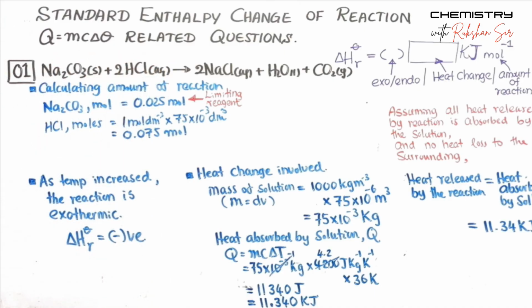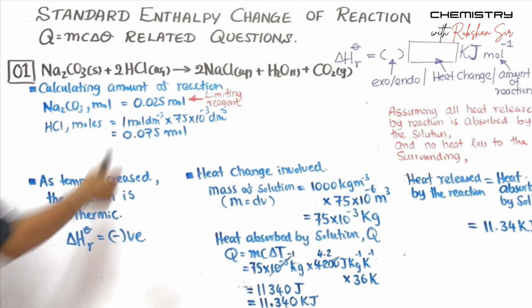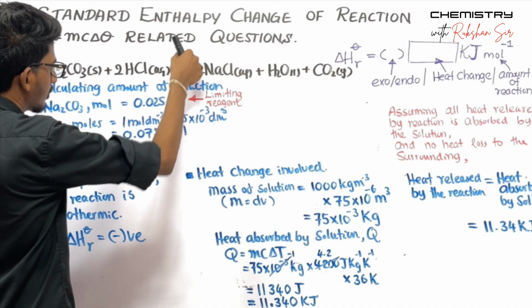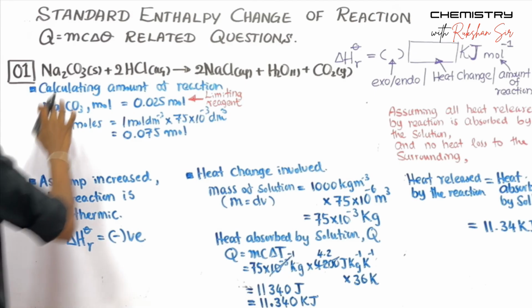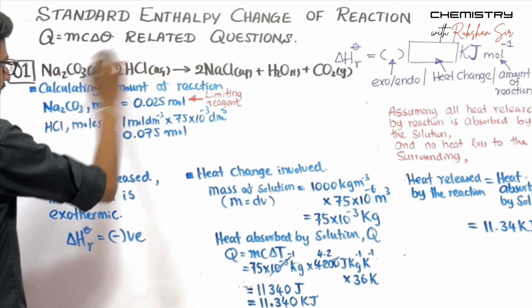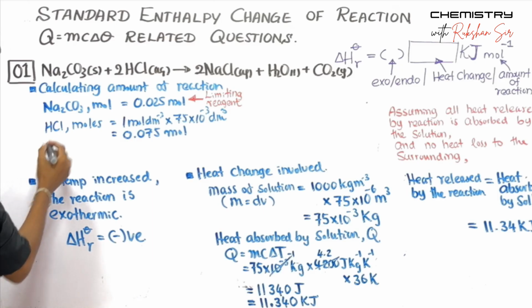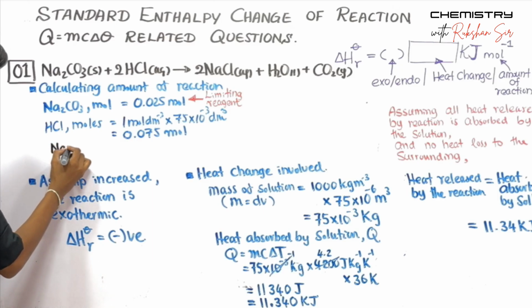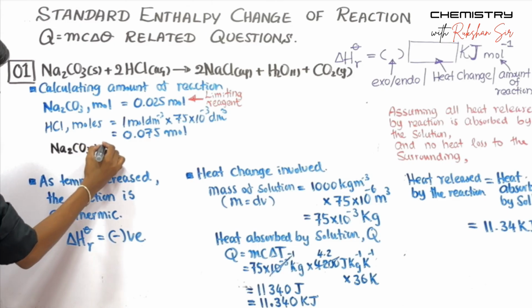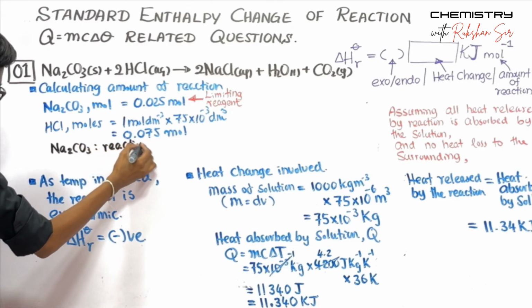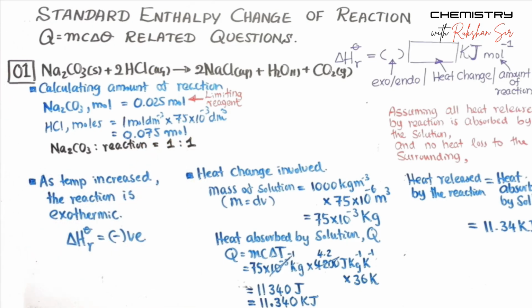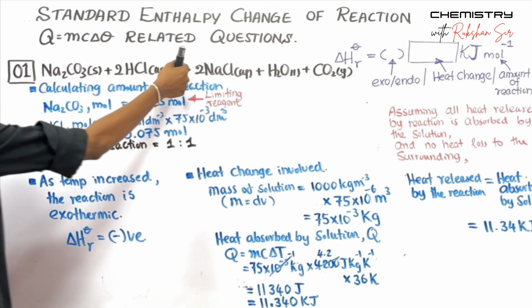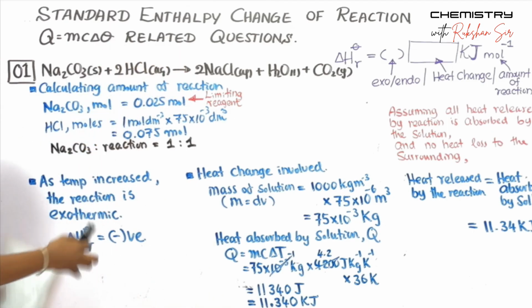So now we need to come up with the amount of reaction. Let's take the stoichiometry with the limiting reagent and the reaction. Na2CO3 to reaction is 1 to 1. That means the amount of reaction is equal to the amount of sodium carbonate.